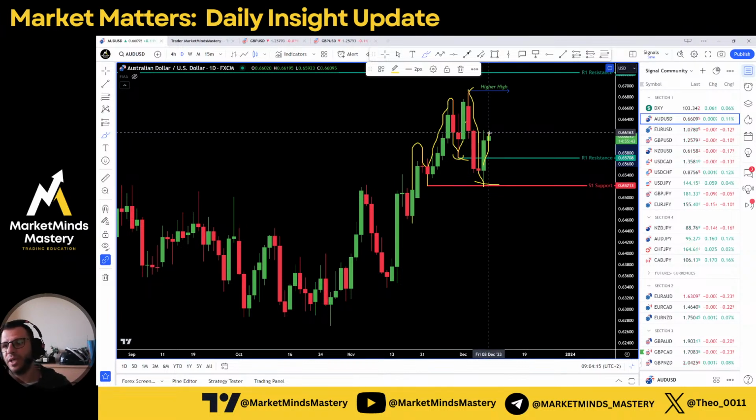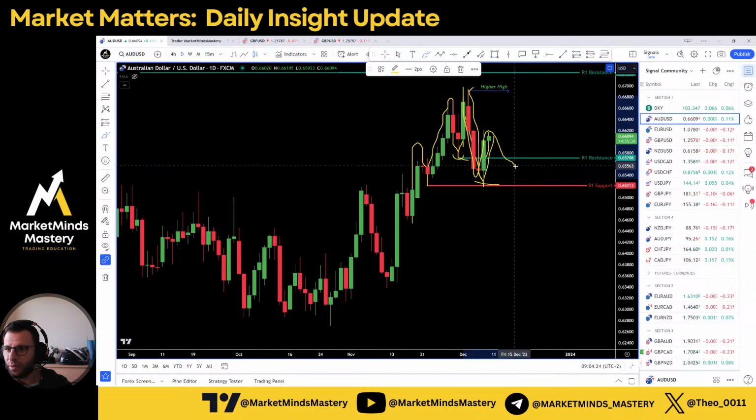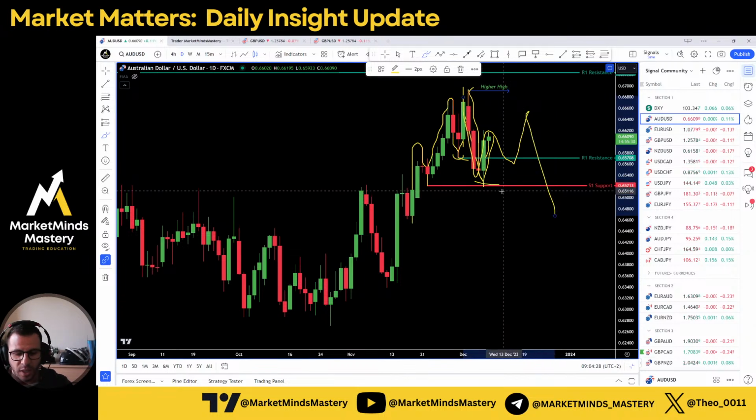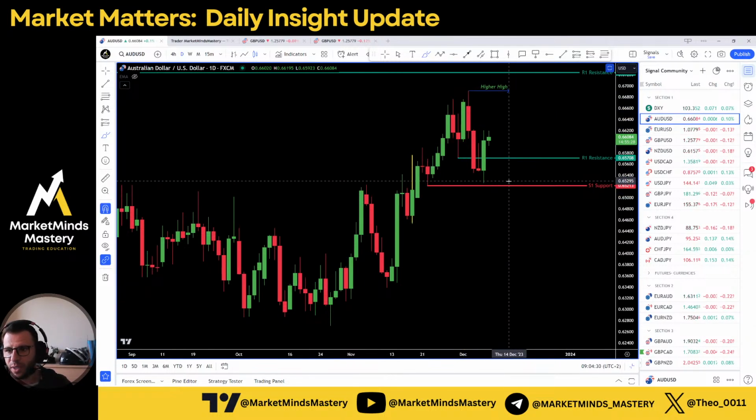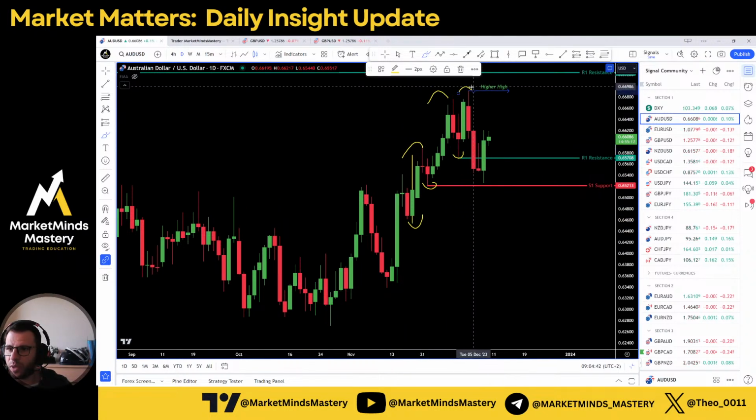Now we don't know if this is going to be an ABC pattern for retracement and continue upwards, or if it's going to continue lower. We understand the market lost its bullish structure based on these swings here. So we expect to see what's going to happen at this point.